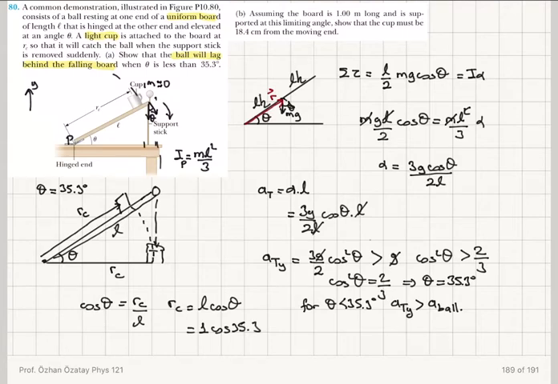L is 1 meter, cosine 35.3. That gives me 1 times cosine 35.3, 0.816 meters.